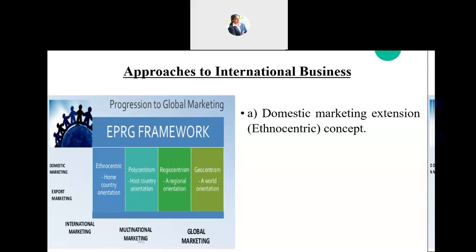Now, there are certain advantages to this also. The advantage of this kind of attitude or mindset of the company, at the end, results in saving the cost of hiring more qualified people or staff in the international markets, or it simply migrates the staff from the home country, thereby saving the cost.